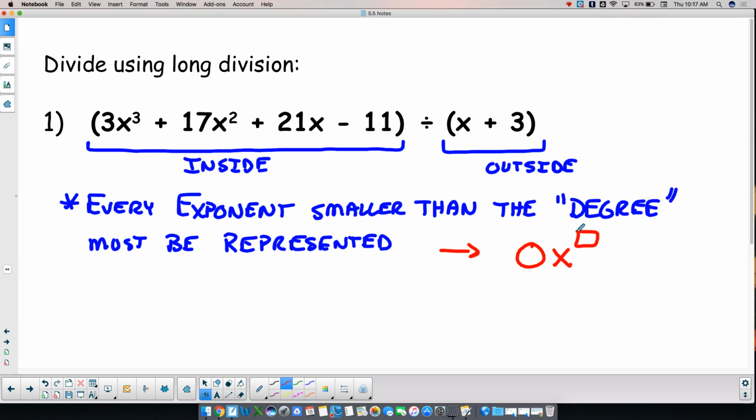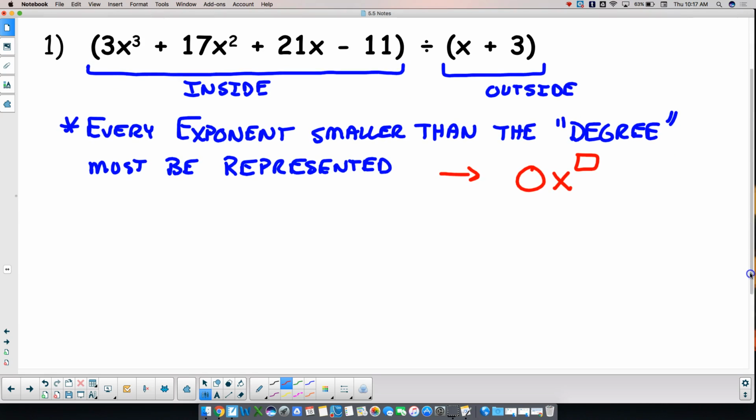The degree of this inside is what? 3. So I need an x cubed, an x squared, an x, and a number. All of them have to be represented. If they're not, I fill it in with a 0x to whatever power it needs to be.